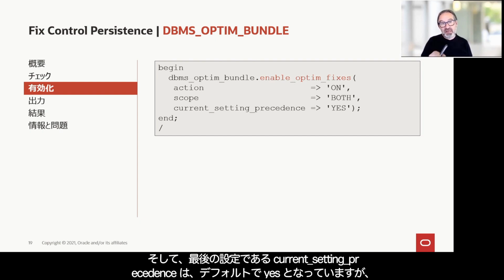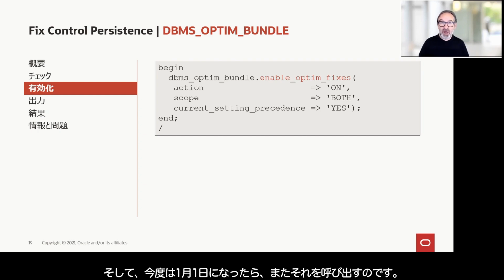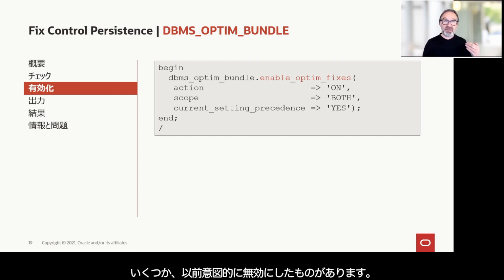And the last setting, current setting precedence, yes by default, means when you had, let's say, the October one already, the October RU for 19c, and you use DBMS_OPTIM_BUNDLE, and now you go to the January one, and you call it again. And there was something disabled at will before.